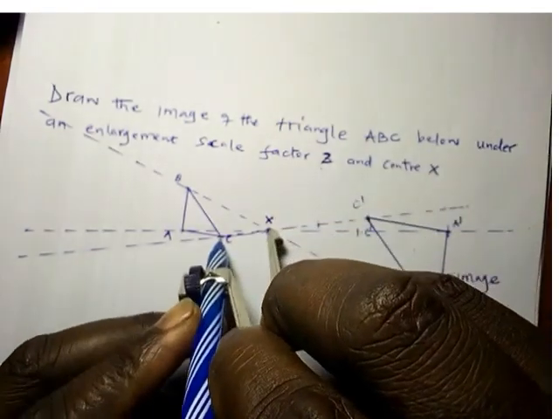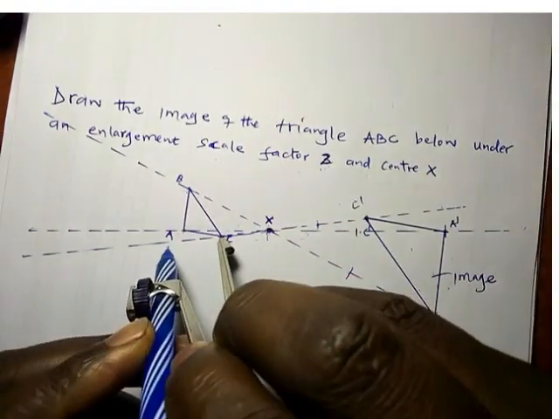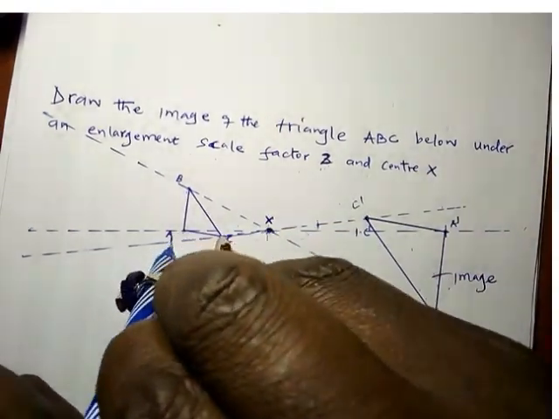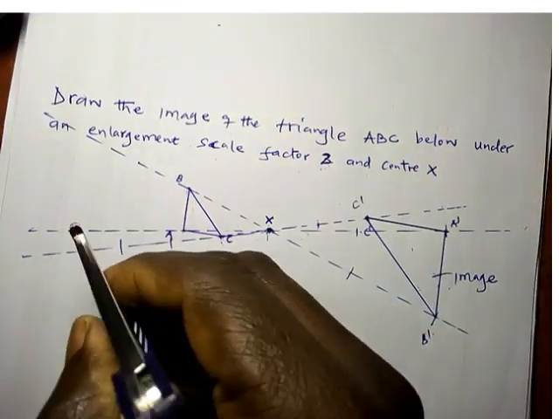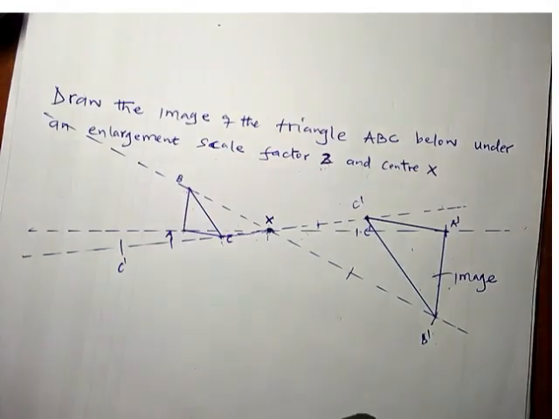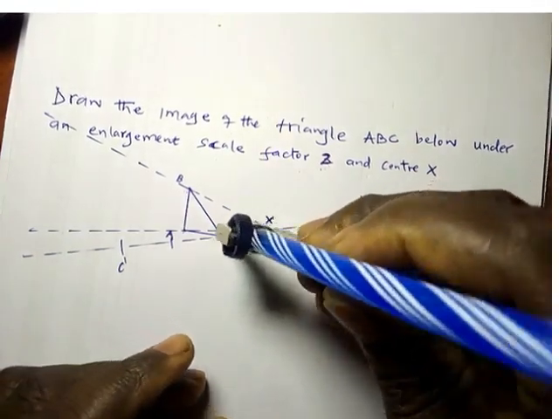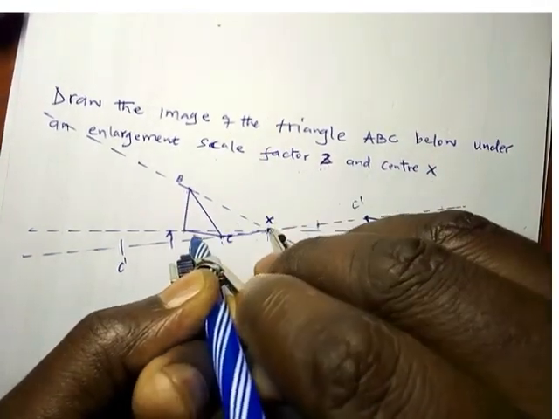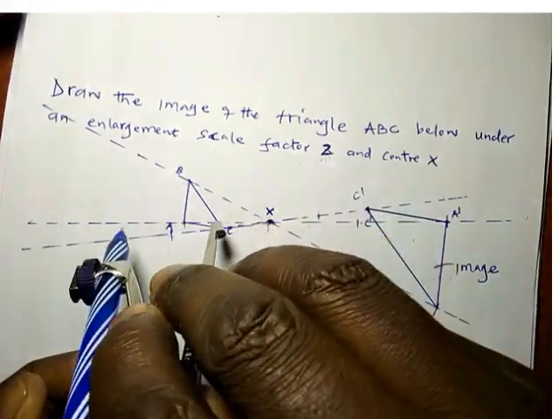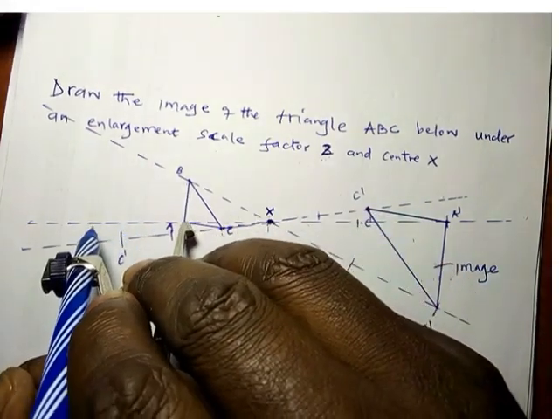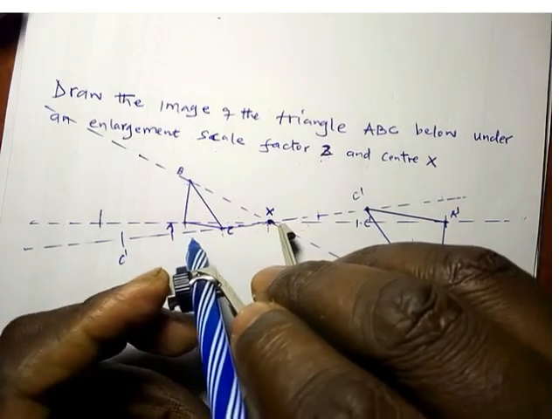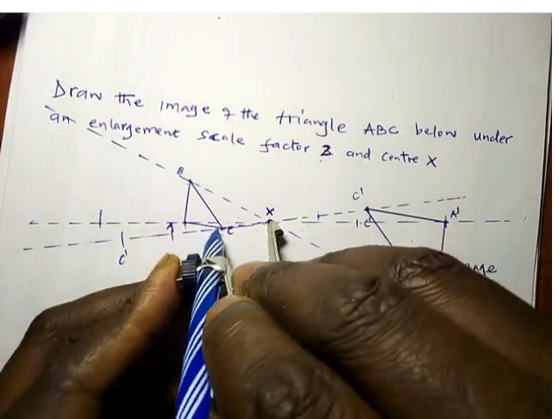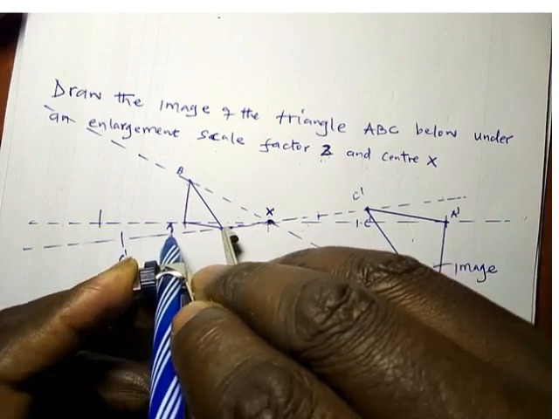Now measure the radius from the center to C and then make it twice this side. So our correct C prime should be this side. And then from the center to A, measure the distance and make it now twice. So this one should be from the center 1, twice.